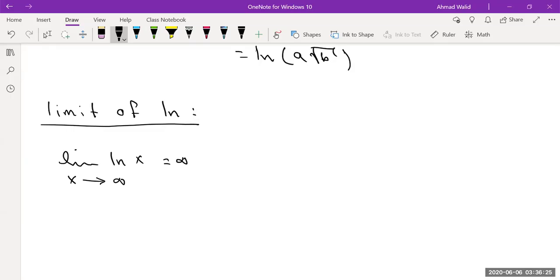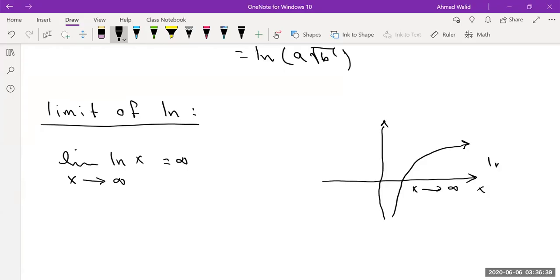The reason again is the graph of the ln, right? If this one is the graph of ln, as x approaches infinity, your ln is approaching infinity also. Ln x is also approaching infinity.